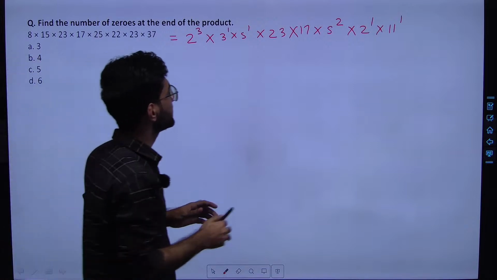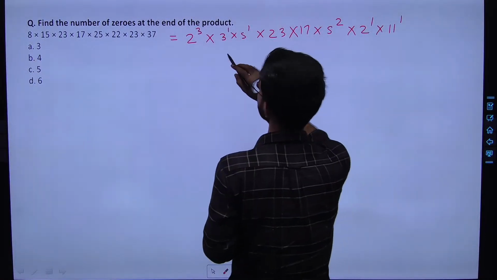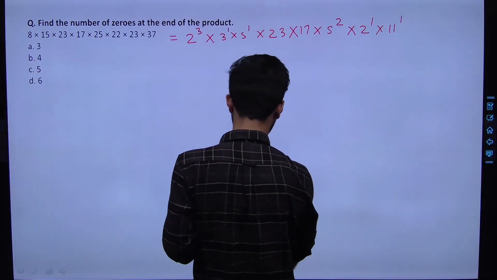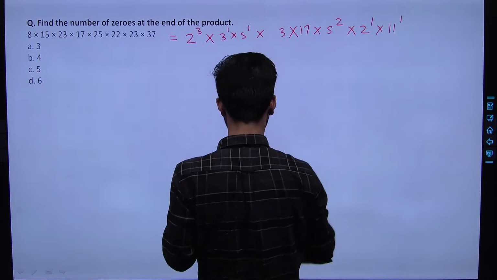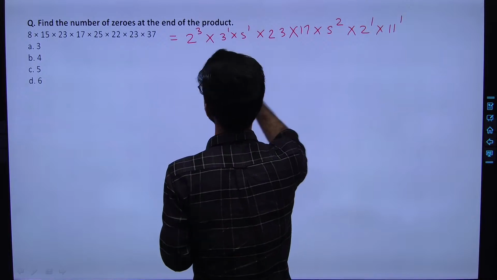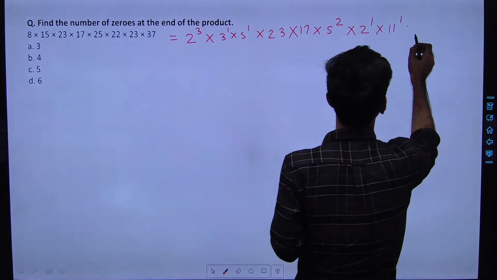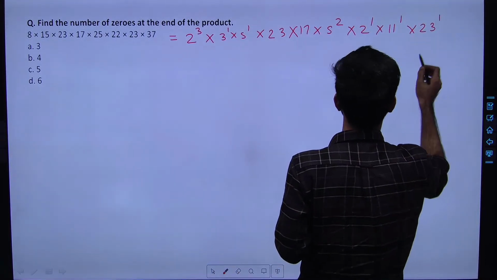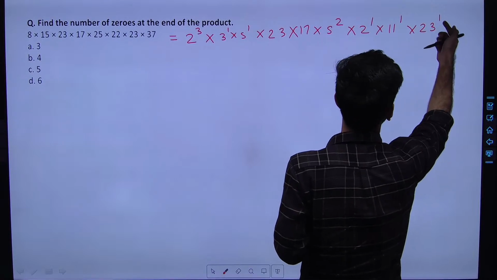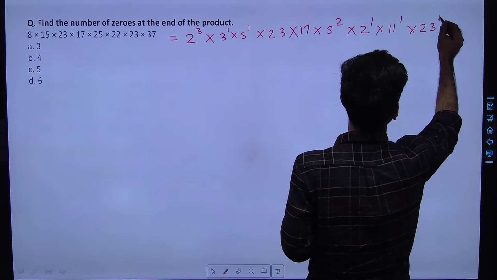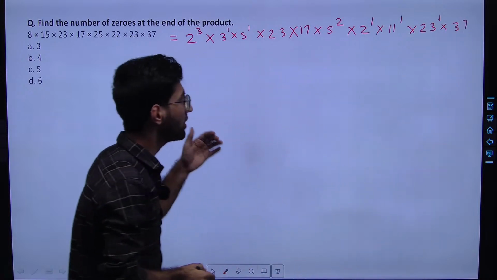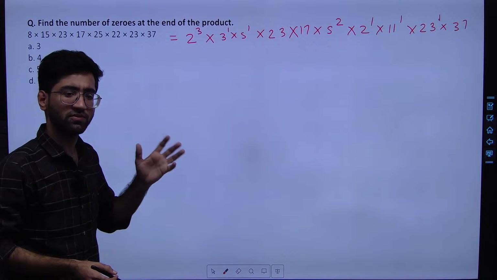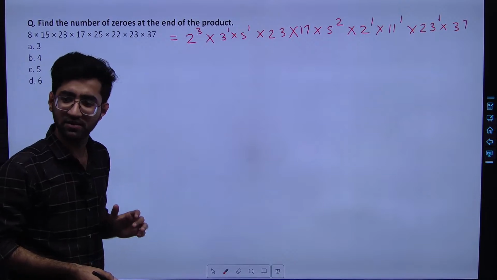Then 17 is here, sorry. 23 is here and 23 is again there. So into 23 to the power 1, or you can skip writing the power 1, and 37. Now we only have to look at the power of 2 and the power of 5, right?